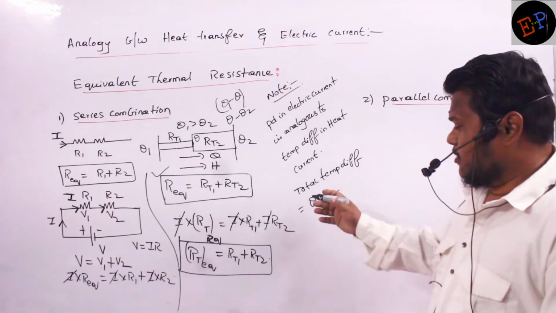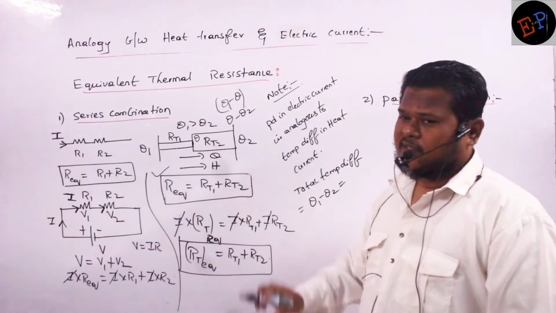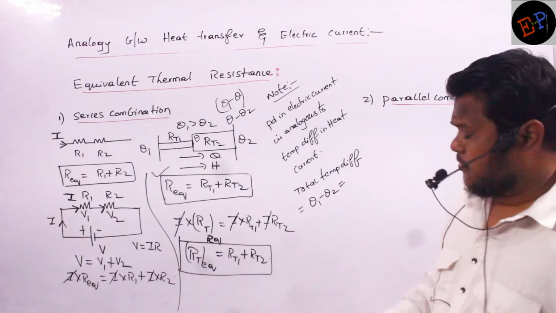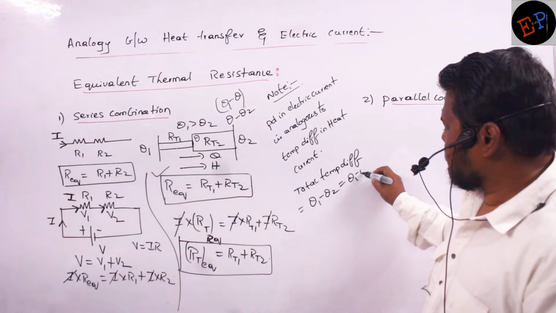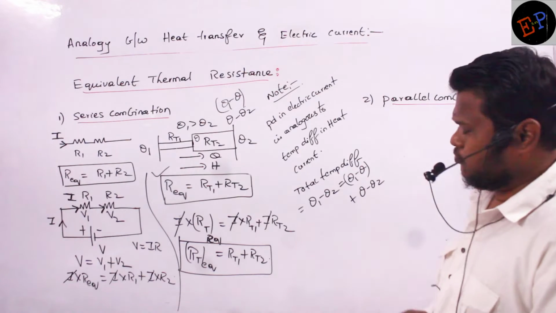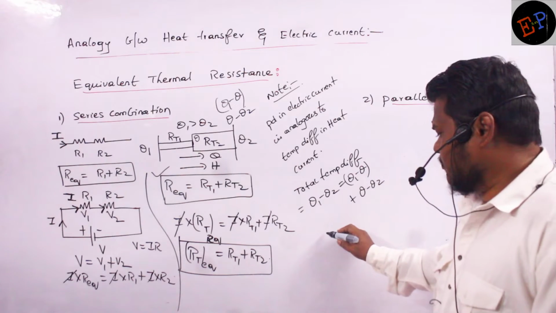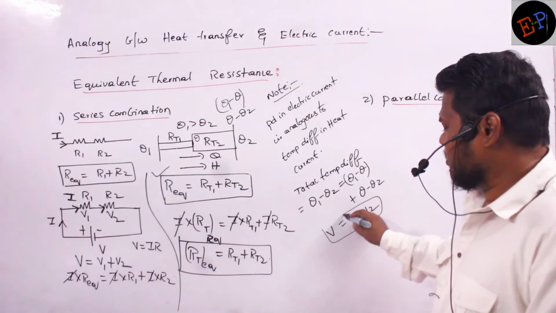And this must be the addition of the temperature difference across the first rod and the temperature difference across the second rod. Clear, no? The temperature difference across the first rod is theta 1 minus theta. Across the second rod, theta minus theta 2. This is comparable with V is equal to V1 plus V2. Are you able to understand why I am writing like this?